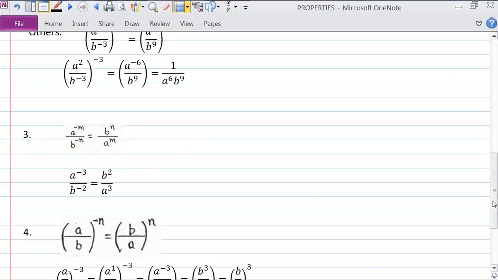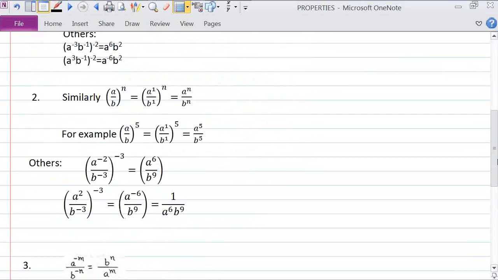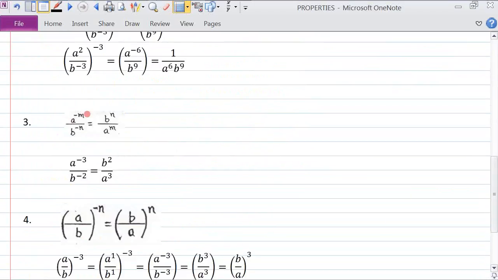Now, the third in our list of properties says that a to the minus n over b to the minus n equals b to the n over a to the n. So what you're doing is taking the a and moving it from the numerator to the denominator. It changes sign.